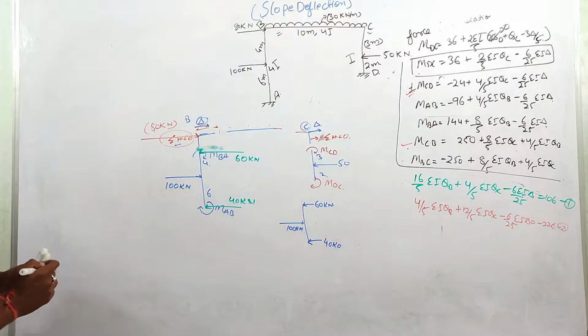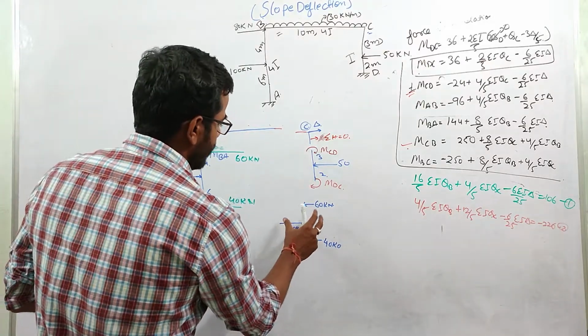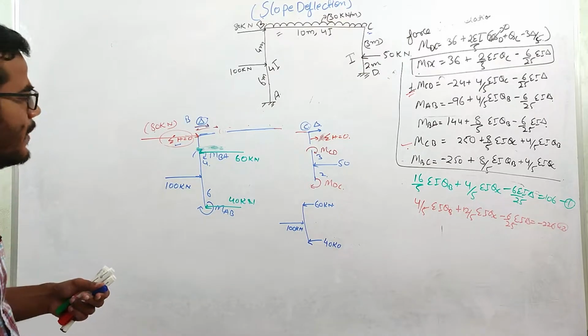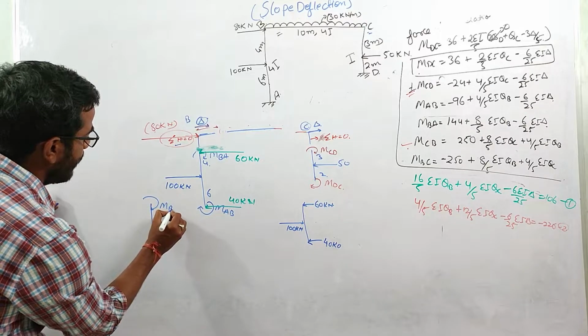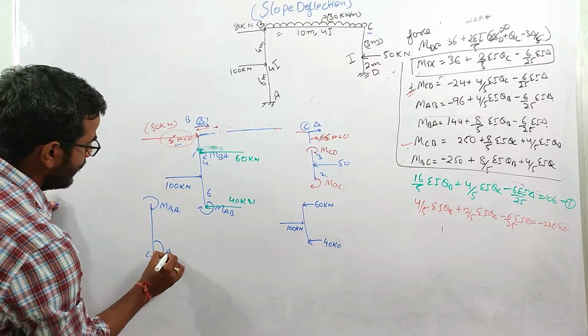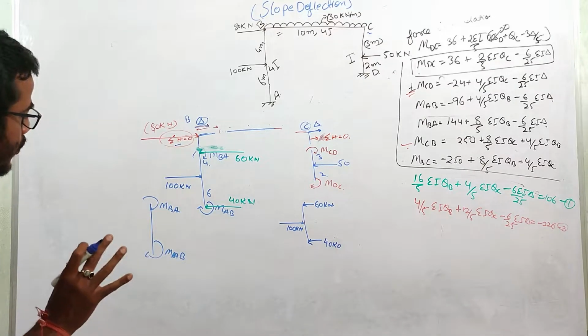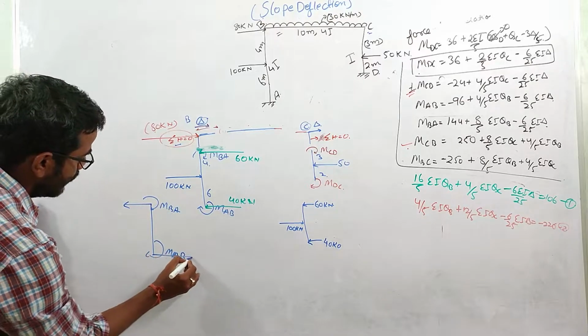Now this is what we did, the equilibrium of forces in horizontal direction for this portion. But we need to have some moment equilibrium also. So if this is MBA and this is MAB, the net moment is basically clockwise moment. So to balance this clockwise moment I will be having one anti-clockwise moment.